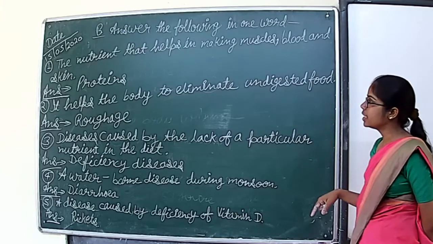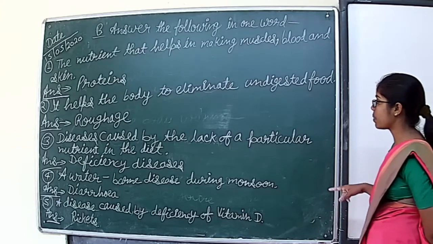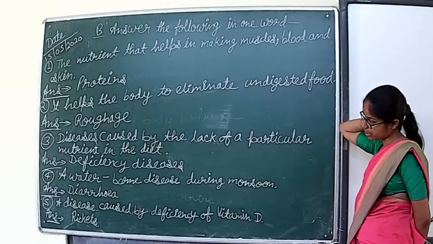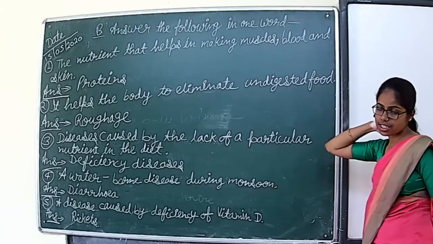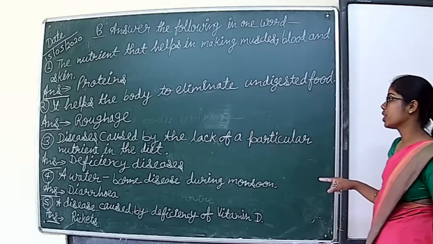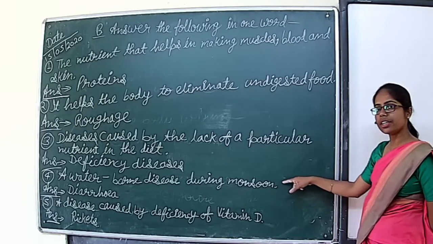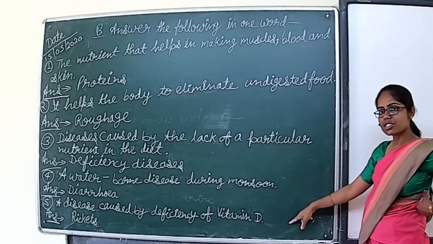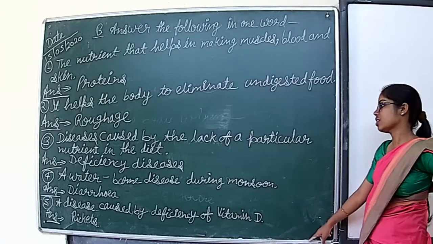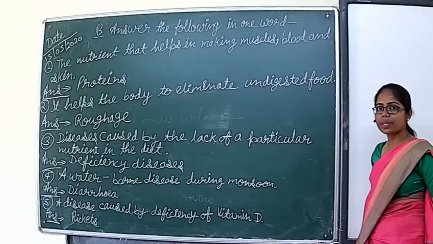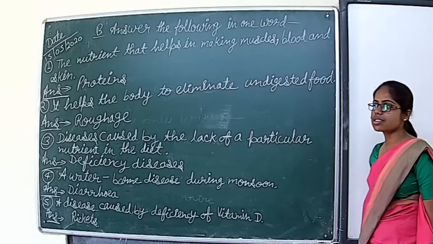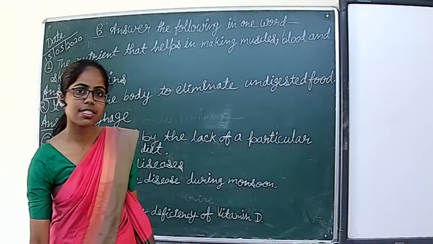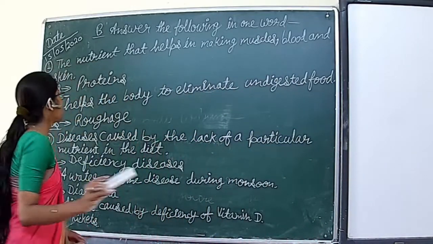Question number 3, diseases caused by the lack of a particular nutrient in the diet, answer is deficiency diseases. Question number 4, a water-borne disease during monsoon, diarrhea. And the last question is a disease caused by deficiency of vitamin D, and the answer is rickets. Now, we will move to the next section of the same exercise.